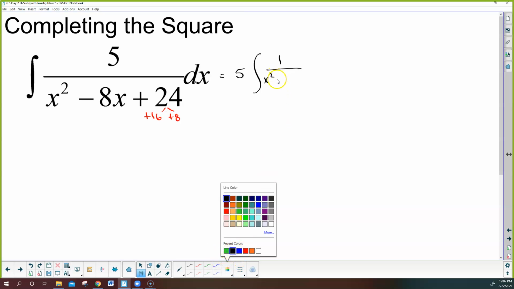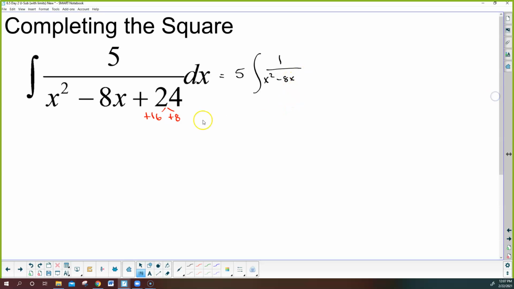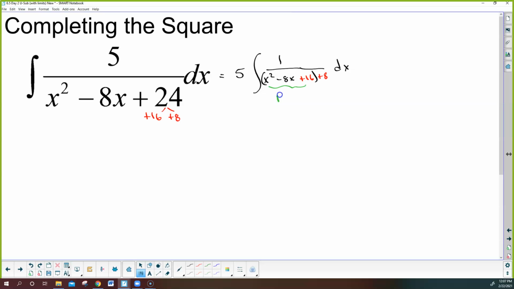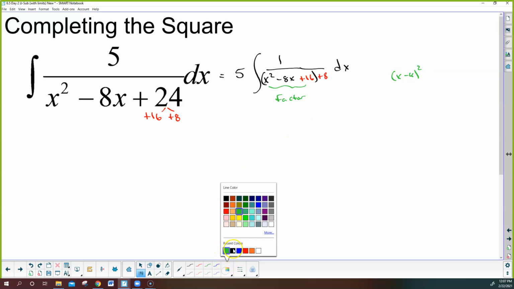Okay, so I've got x squared minus 8x, and then the 24 is going to be rewritten as 16 plus 8. So that's really the only thing I did was I pushed the 5 out, and I just split up 24. Now, why would I split up 24? Because I can factor this inside, right? By factoring that, that turns into x minus 4 times x minus 4, or x minus 4 squared.